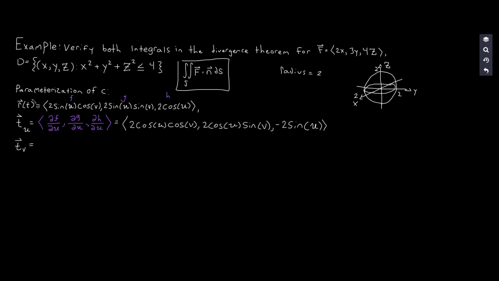Vector T sub v. We want the partial of F with respect to v, the partial of G with respect to v, and the partial of H with respect to v as well.